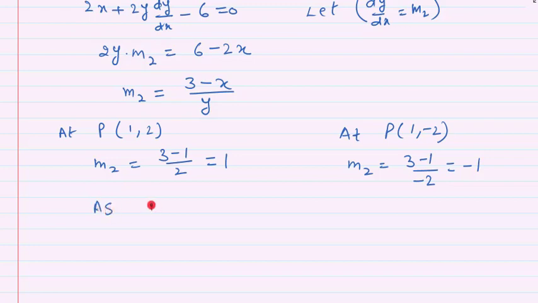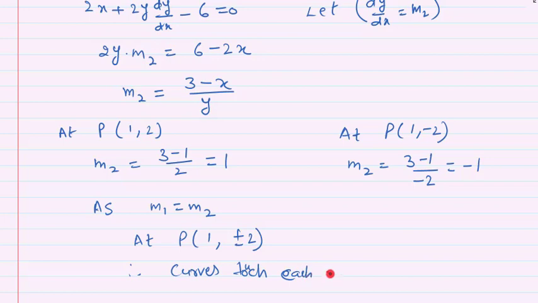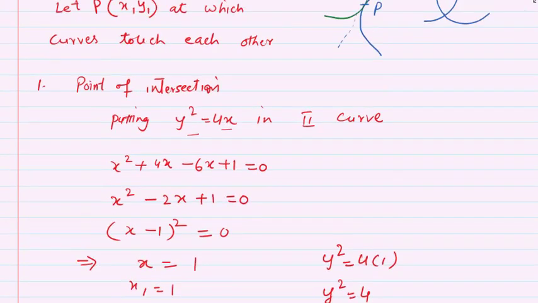So as m1 is equal to m2 at P(1, plus minus 2), therefore the curves touch each other at P(1, plus minus 2), and that is what we need to prove in the given problem.